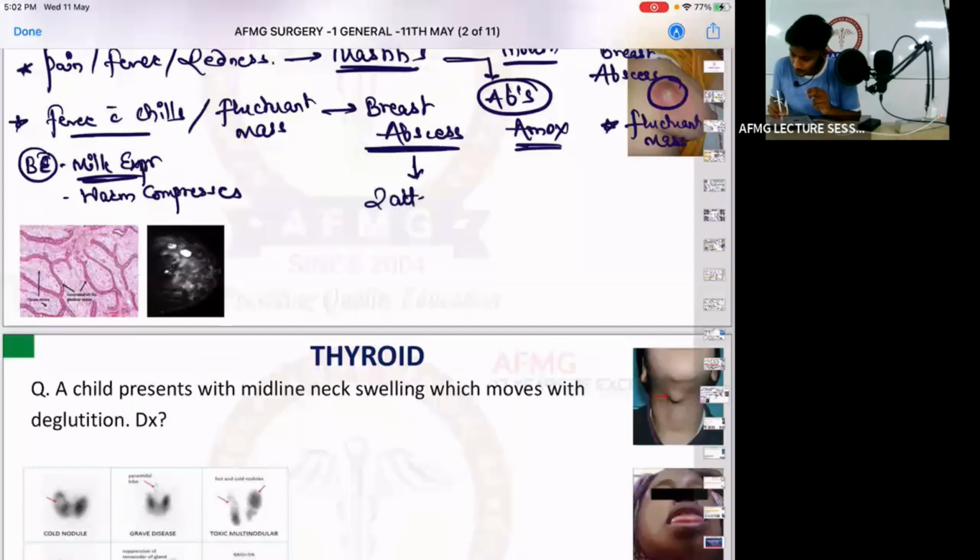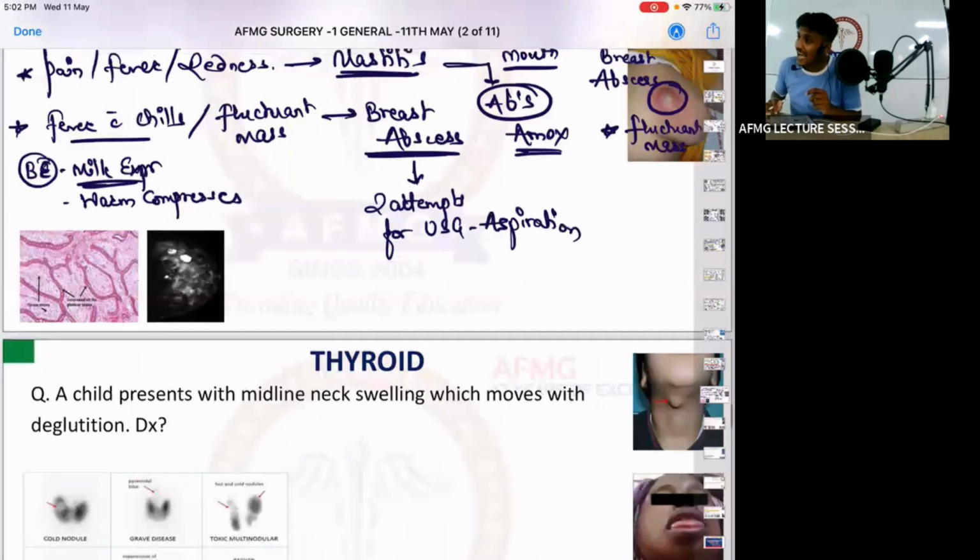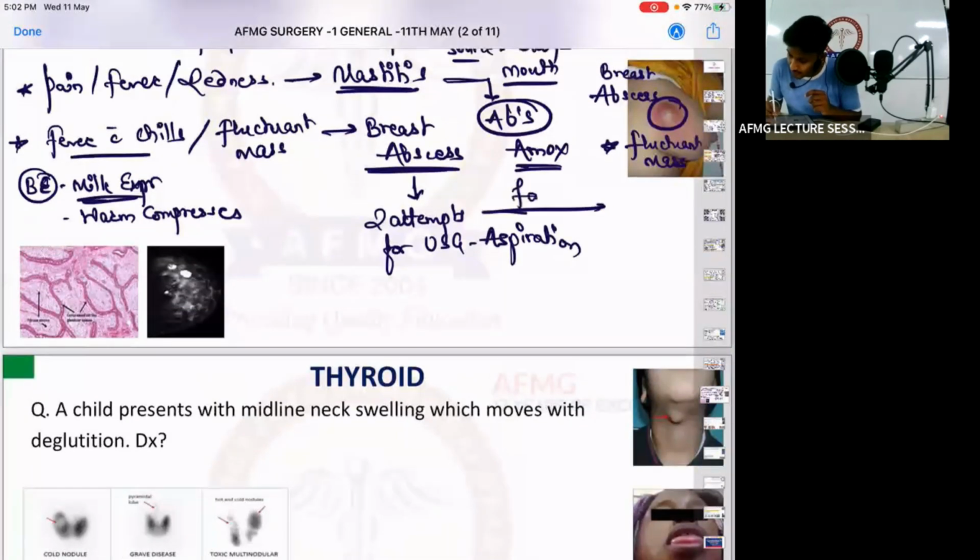So two attempts should be made for ultrasound guided aspiration. If both of them fail, then you will do incision and drainage.